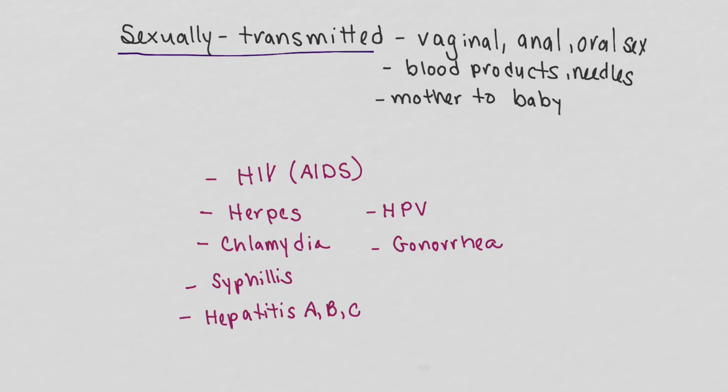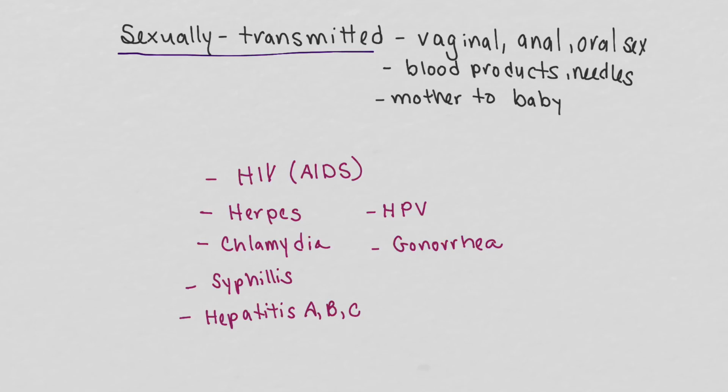Some of the main sexually transmitted diseases, and there are a lot, would be HIV, so human immunodeficiency virus, which is a virus that attacks our immune system and slowly over time prevents us from being able to fight infections. Once the immune system is pretty much eradicated, the person is said to have AIDS, which is acquired immunodeficiency syndrome.